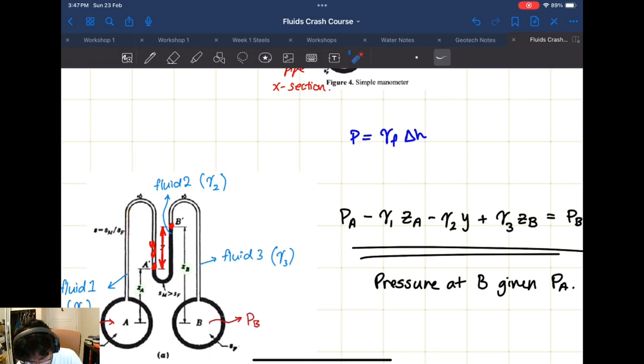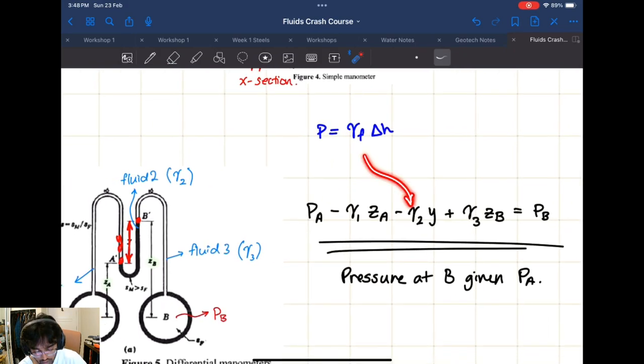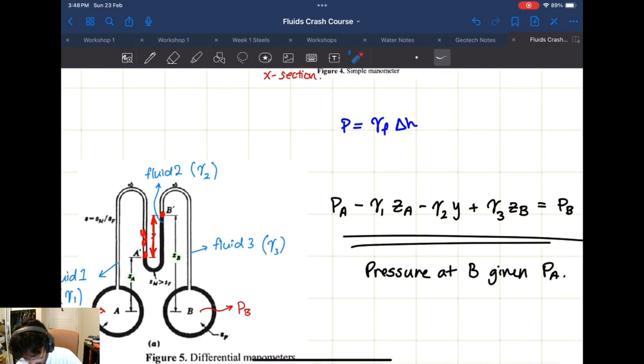Oh, sorry, over here. Right. I've done that the unit weight is gamma 1, height difference is ZA, and I've taken it as a minus because we're going up. Next, unit weight is gamma 2, height difference is Y, and I've taken it as a negative because we're going up. Right. Next, let's take a look at our last fluid number 3.